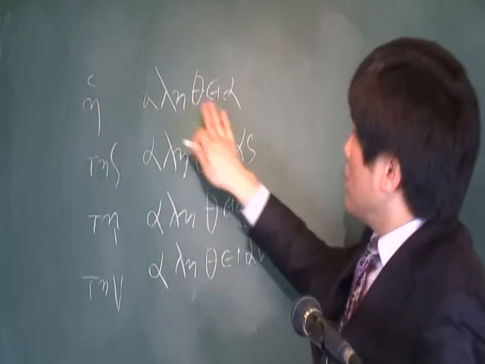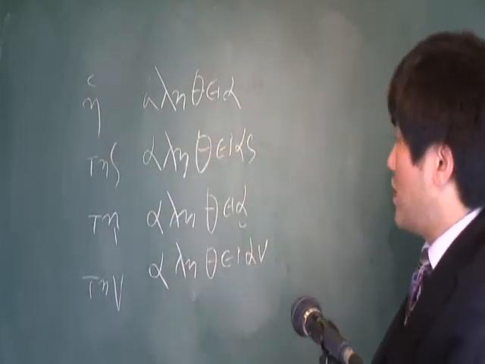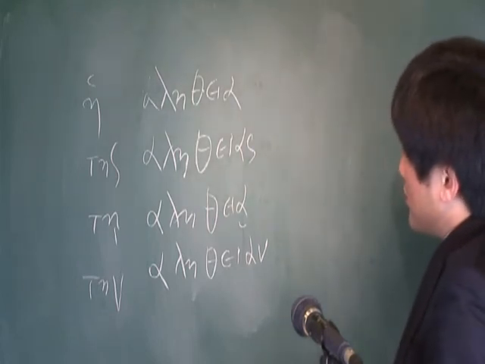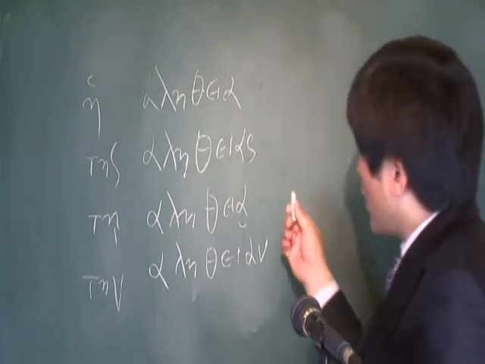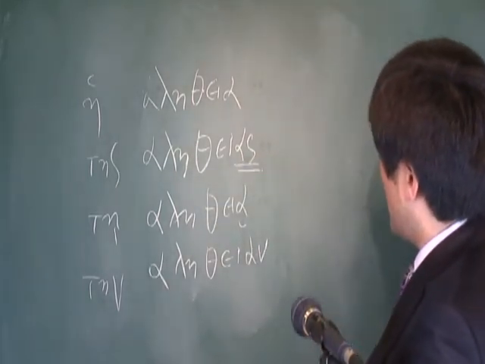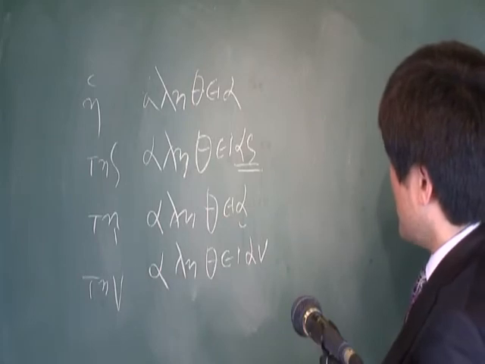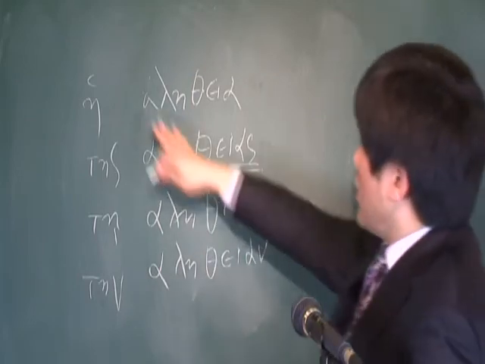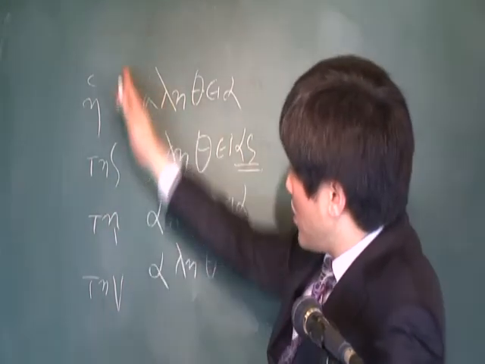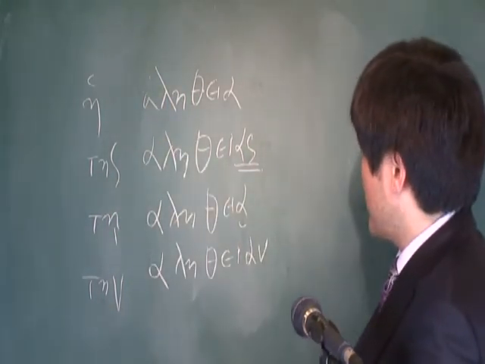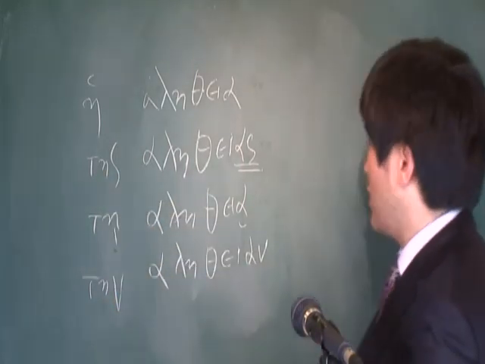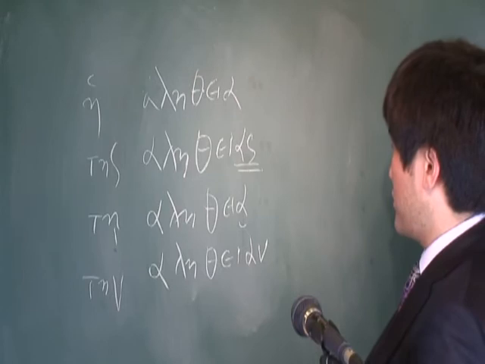First, when we interpret doron, it means a present. When it becomes to doron, it means the present. The genitive form, dorou, means of a present. When it becomes tou dorou, it becomes of the present.